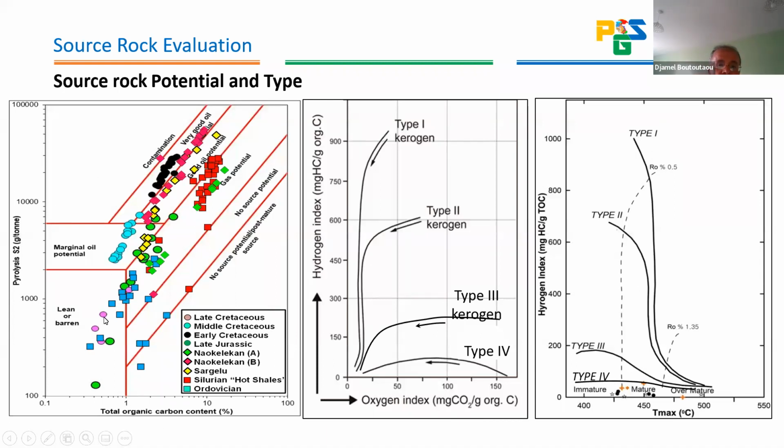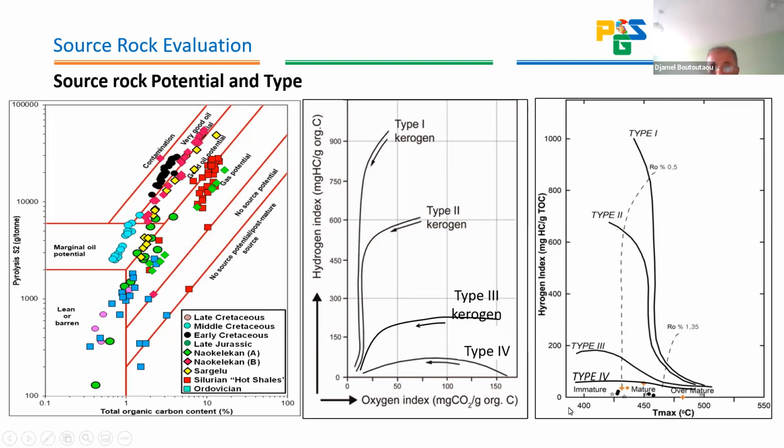So the organic richness against the potential can classify the rocks, whether there is no source rock or post-mature source rock. The potential is low because of the post-maturity. It was initially a good source rock, but it has done the job already. So we can have gas-prone source rocks, good oil source rocks, and very good oil source rocks.